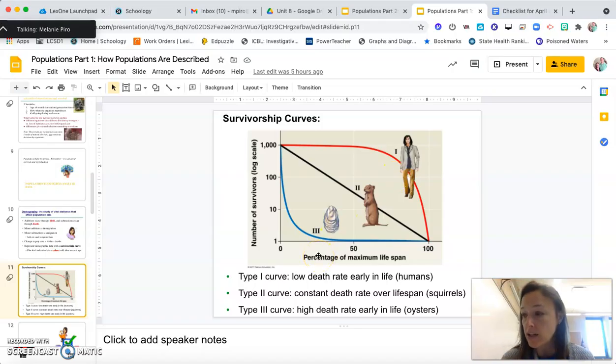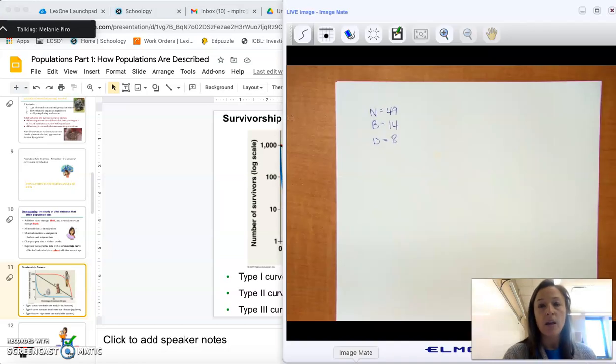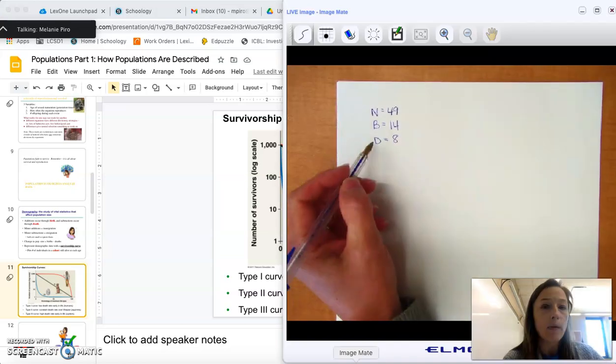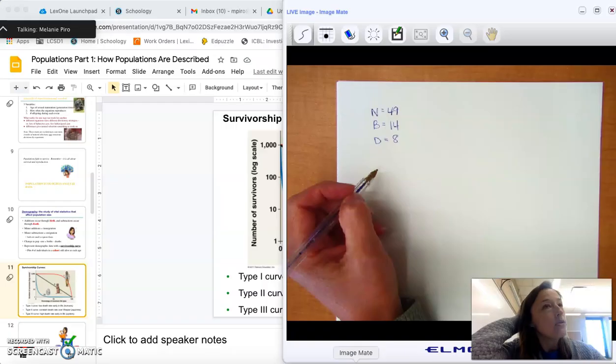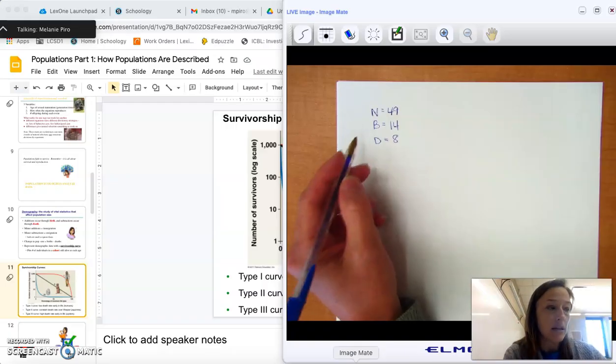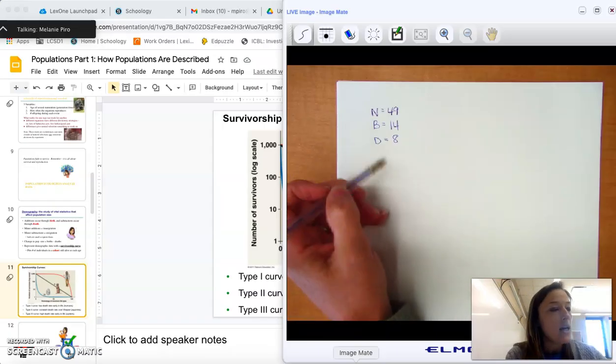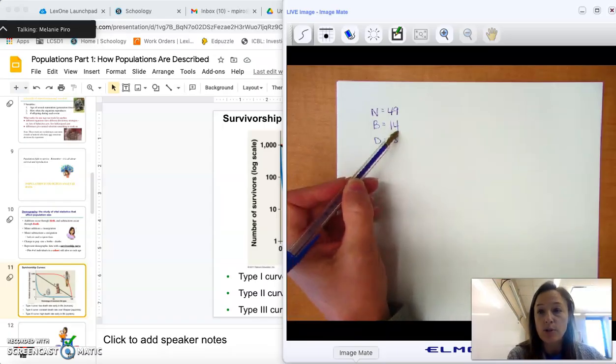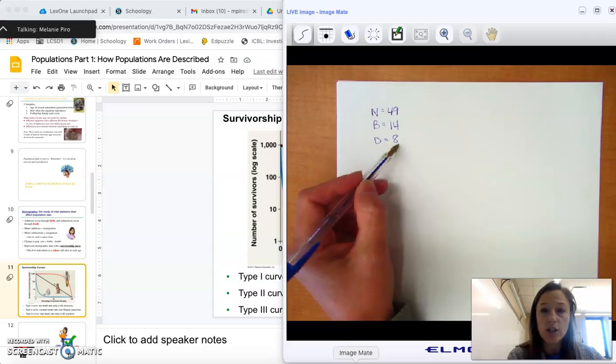And then I can calculate a change in population size when given the number of births and the number of deaths. So let's look at that. Here we have a population, and this can be whatever animal or plant you want it to be. This could be rose bushes. We had 14 new rose bushes born this year, and 8 died.